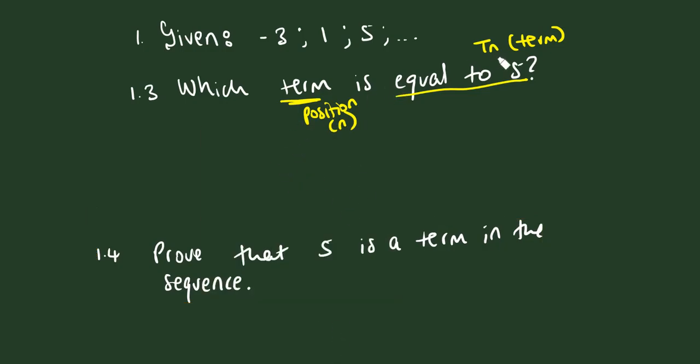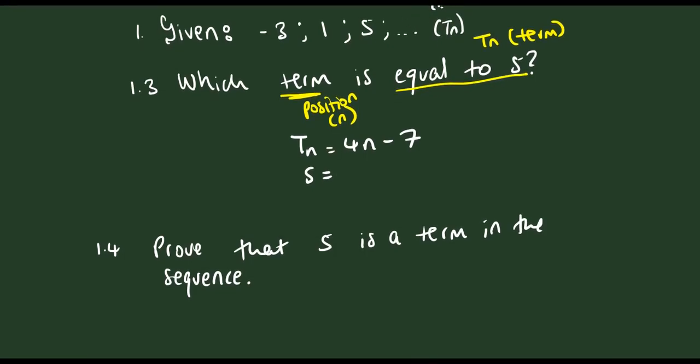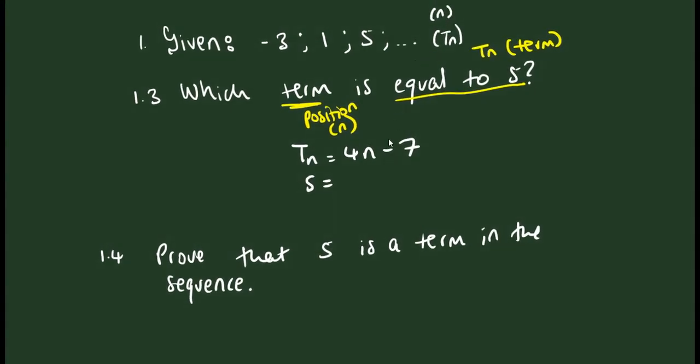Well, now that you already found the general term, you write it first. Remember, the general term is 4n - 7. Now they give you that the term is 5. Remember, the terms are represented by Tn, and the position is represented by n. So you're going to say 5 = 4n - 7, because you don't know the position that the term is in. Then you say 5 + 7 = 4n, which means 12 = 4n.